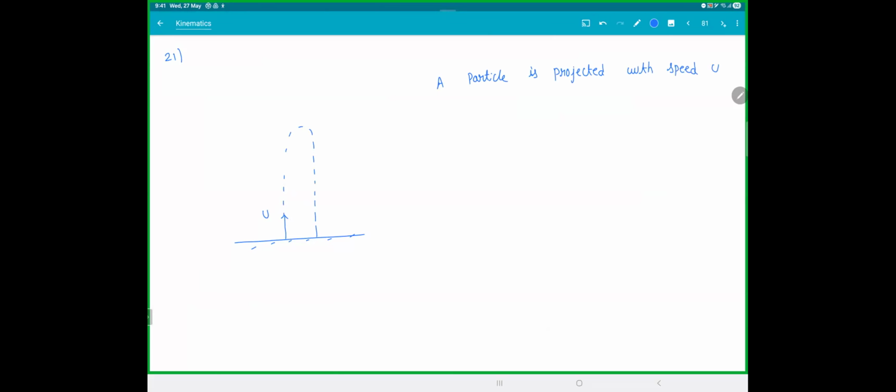Right, and we observe the distance traveled in the fifth second and the sixth second.